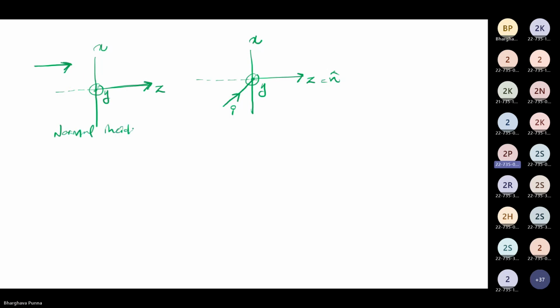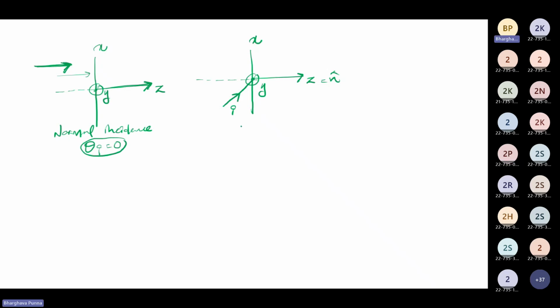Carefully listen, the direction of propagation is making a certain angle with the direction of the normal. Both are parallel. That means the incident angle is equal to 0 in normal incidence.